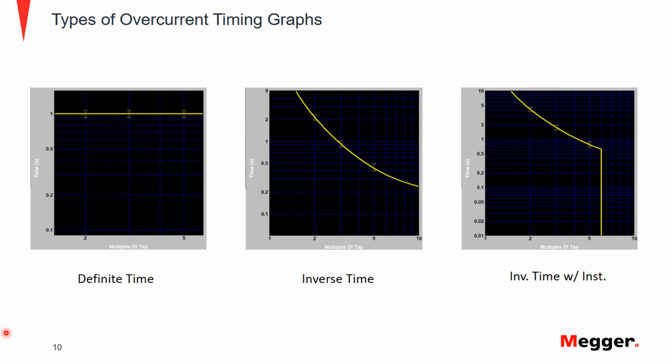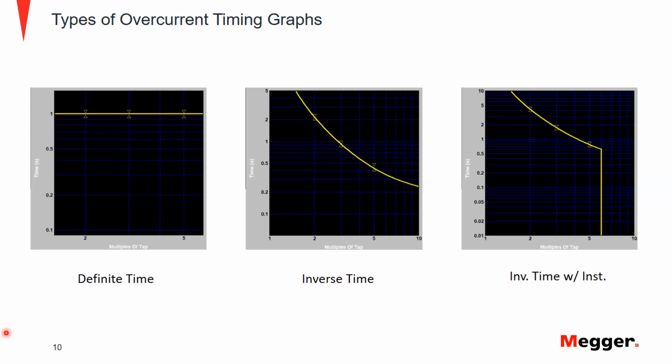Okay, so the different styles of overcurrent can be broken up into different types. One you can classify as definite time, inverse time, or inverse time with instantaneous. Now, the definite time allows engineers to adjust the time in fixed steps, with the breaker closest to the fault tripped in the shortest amount of time.